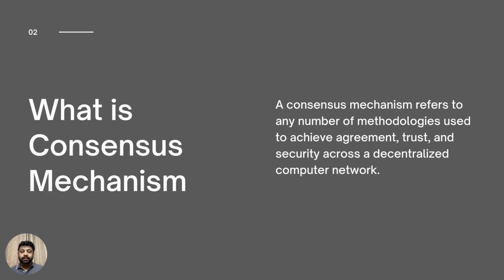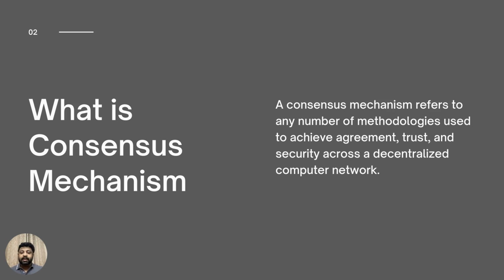The definition says a consensus mechanism refers to any number of methodologies used to achieve agreement, trust, and security across a decentralized computer network. What does it mean? We all know that blockchain is a decentralized network where any data stored in a blockchain is stored across a decentralized platform, which means it is not stored in one particular node or server.